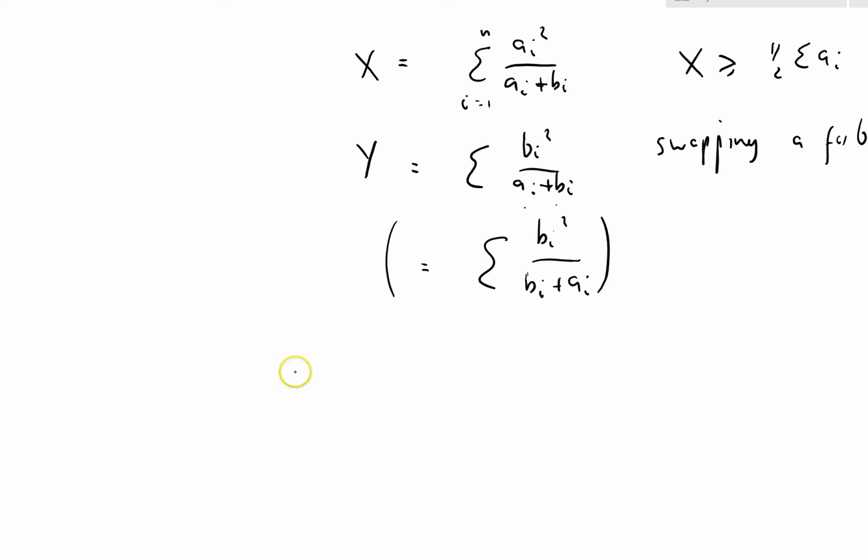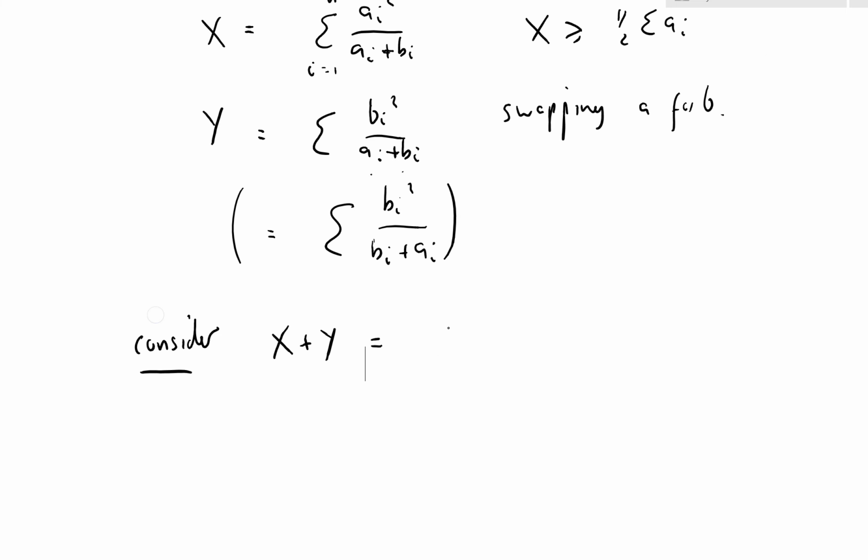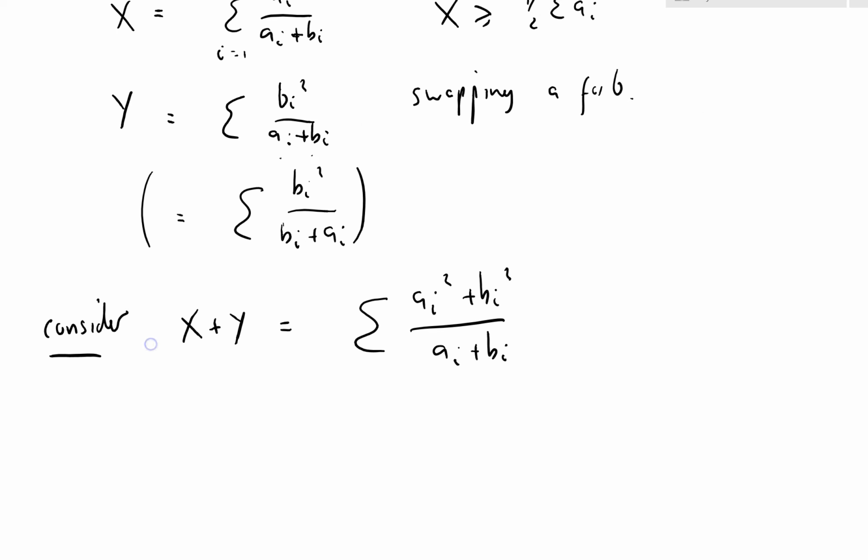So now I'm going to consider X plus Y, which equals sigma Ai squared plus Bi squared over Ai plus Bi. I'll write that out in slightly more long-handed notation.